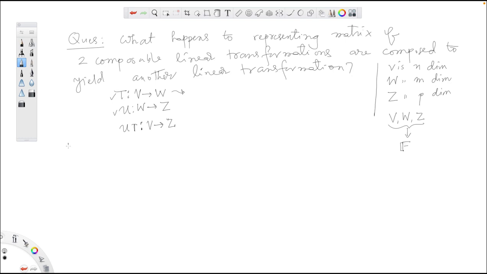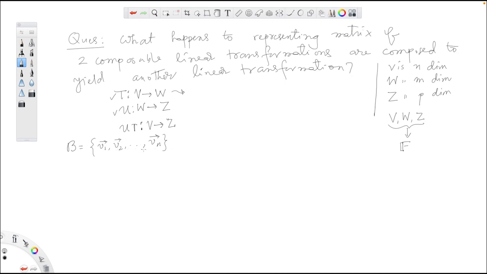Now we can form a basis B of the vector space V given by n vectors v1, v2 all the way up to vn.